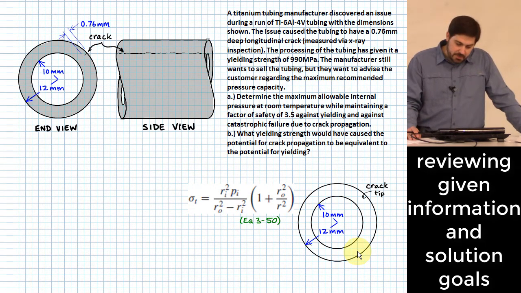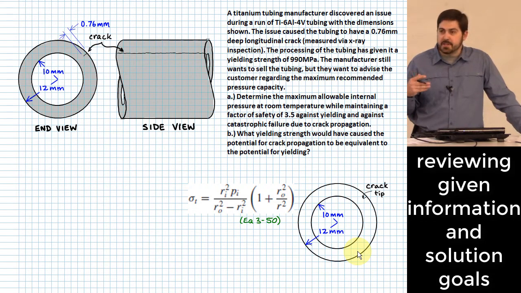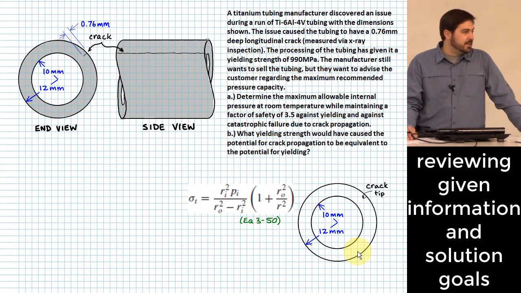The manufacturer still wants to sell this tubing, but they want to advise the customer regarding the maximum recommended pressure capacity that they should put into this tubing, okay? So this is something that manufacturers do sometimes. You've spent the effort and time and money to be able to make a product, and if you discover a defect in it, you might still be able to sell it.